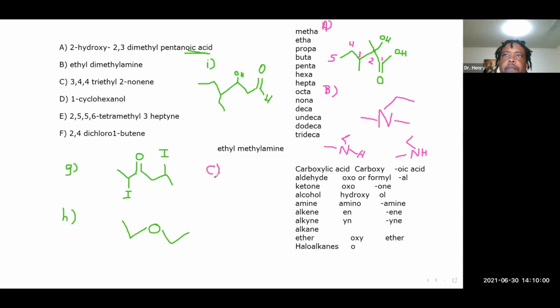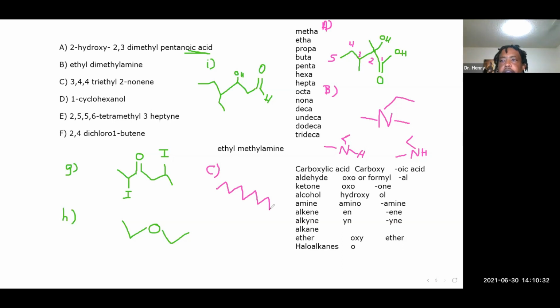Okay, we'll start with the main chain. What is the main chain? Nonene, what does that tell me? Anyone? 9. So we have 1, 2, 3, 4, 5, 6, 7, 8, 9.